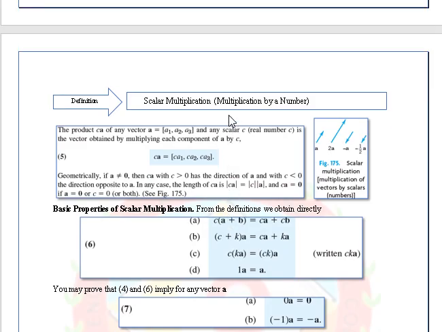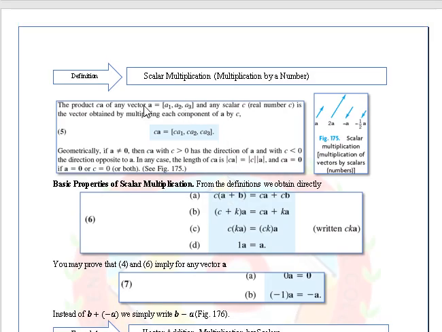For scalar multiplication, if you have a vector composed of this A, and we multiply that by a scalar C, what you will do is just multiply the scalar C to each of the components of the vector.